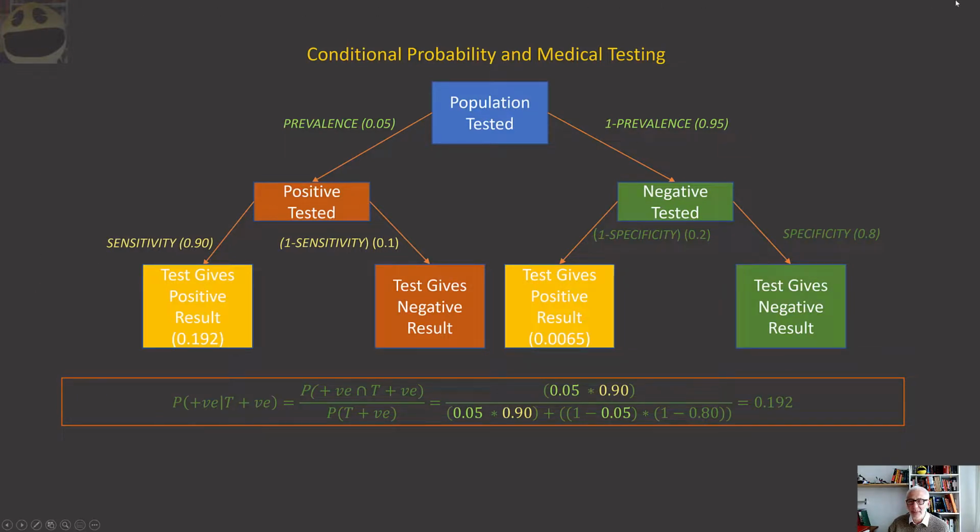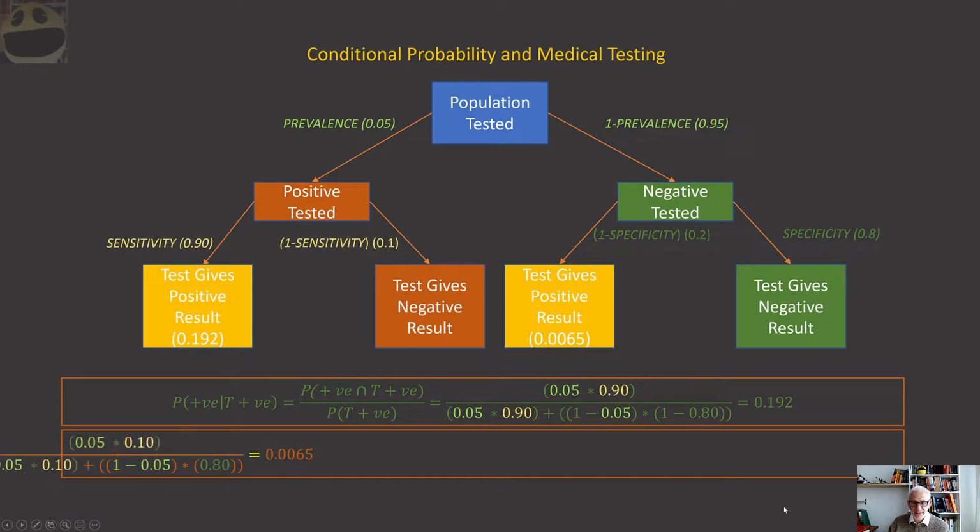And very often in probability, a lot of the work is in deciding what the sizes of these numbers should be, the specificity size, the sensitivity size, and so on.